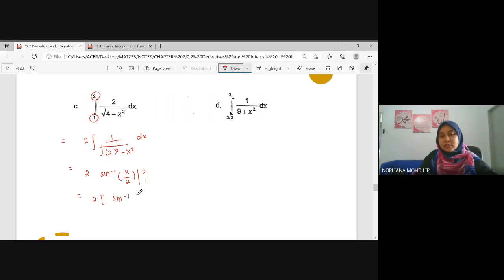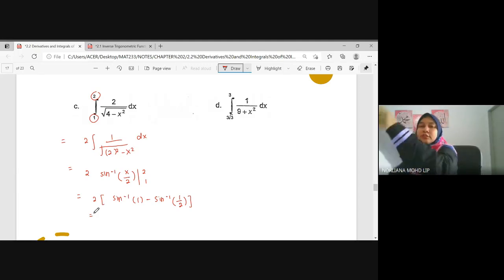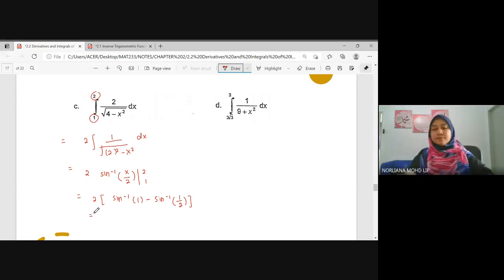Sin inverse 1 minus sin inverse 1 over 2. Okay, jawapannya 2 pi over 3. Tekan kalkulator lah yang ni.